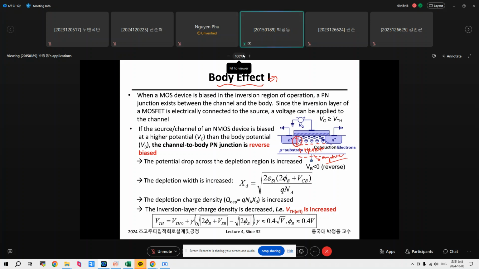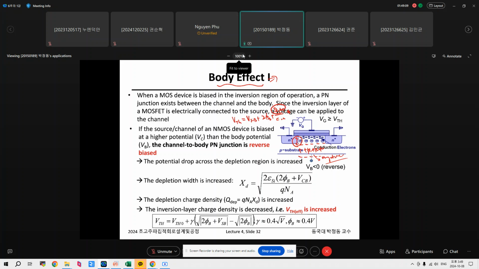Since the depletion is increased, the threshold is what? Flat band plus 2 phi B plus Q depletion divided by COX, right? So Q depletion, this is the problem.